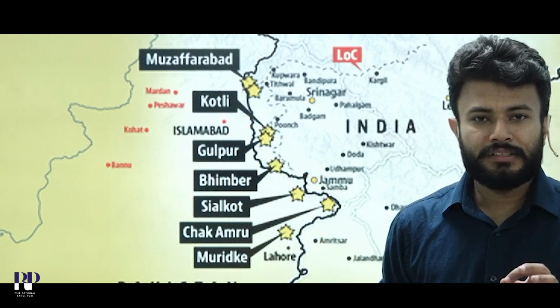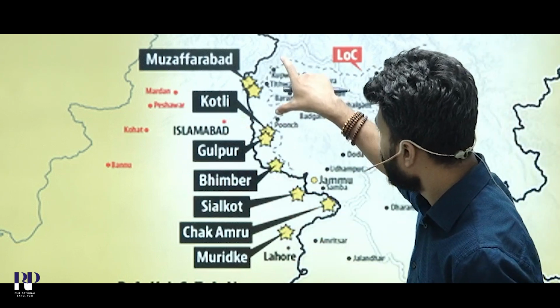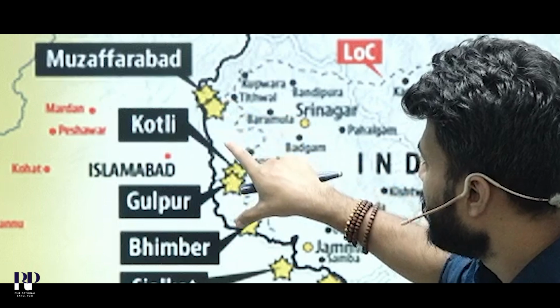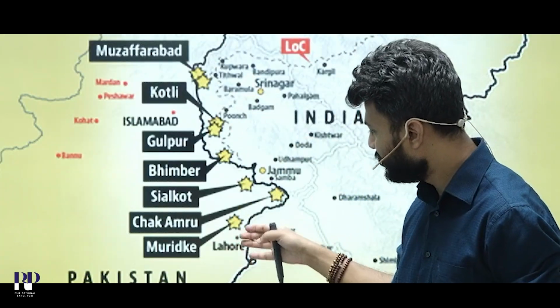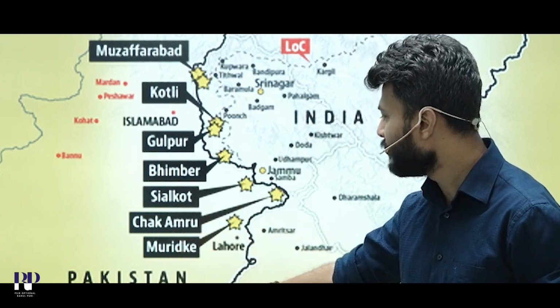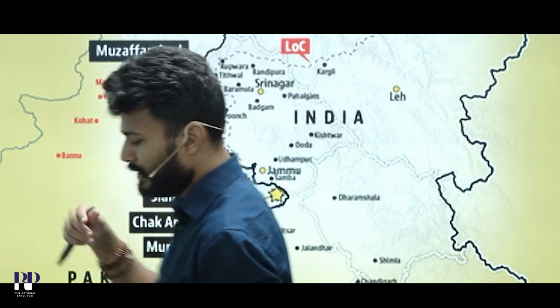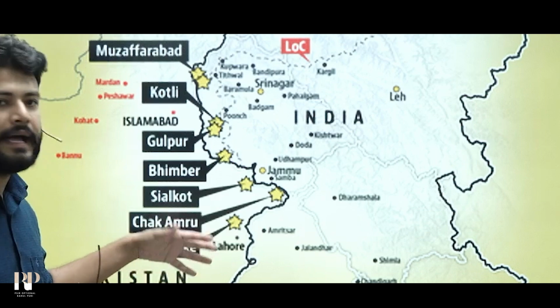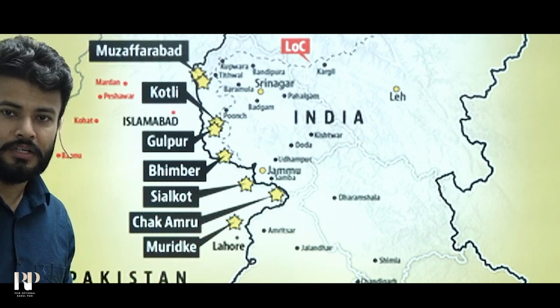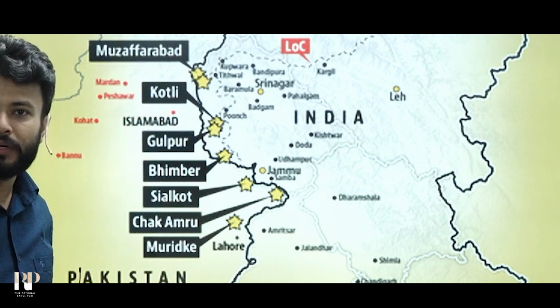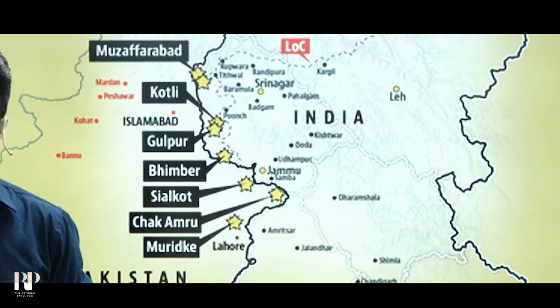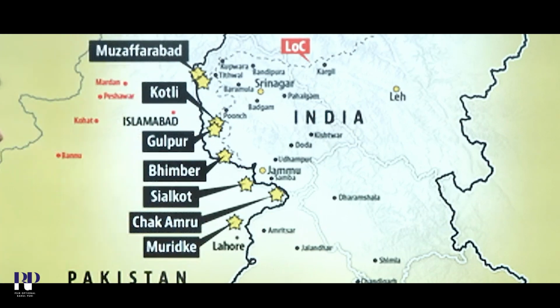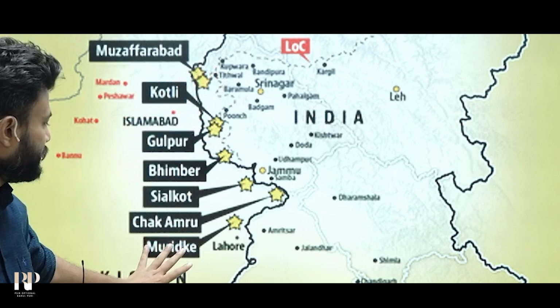The important thing is that few of these sites are in the Pakistani occupied territory, that is the POK region, but there were few sites inside the pure Pakistani territory, for example Bahawalpur, Muridke, Sialkot, etc. And this is one of the very few instances when India has crossed this border and carried out some strikes. Okay, so out of all these 8 locations, there are few important locations which we should be aware about. For example, few locations in the POK region and few locations in the Pakistani area.